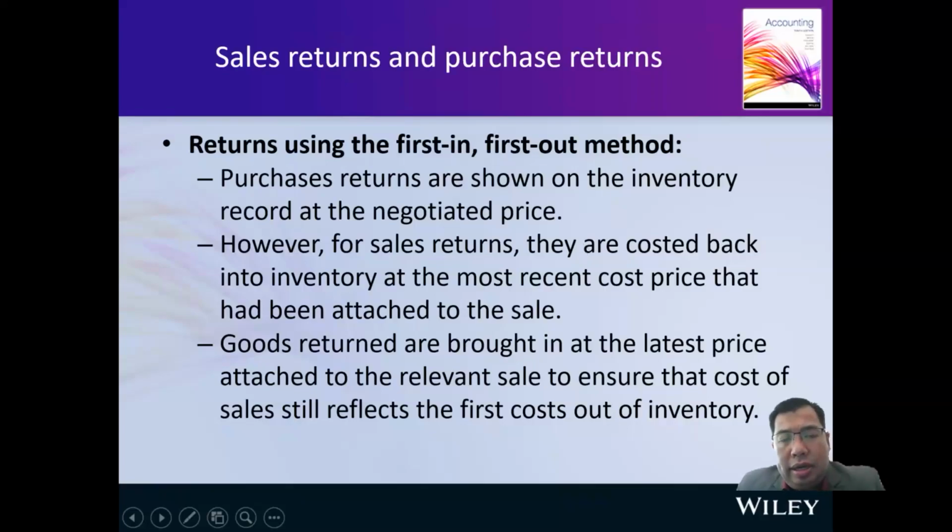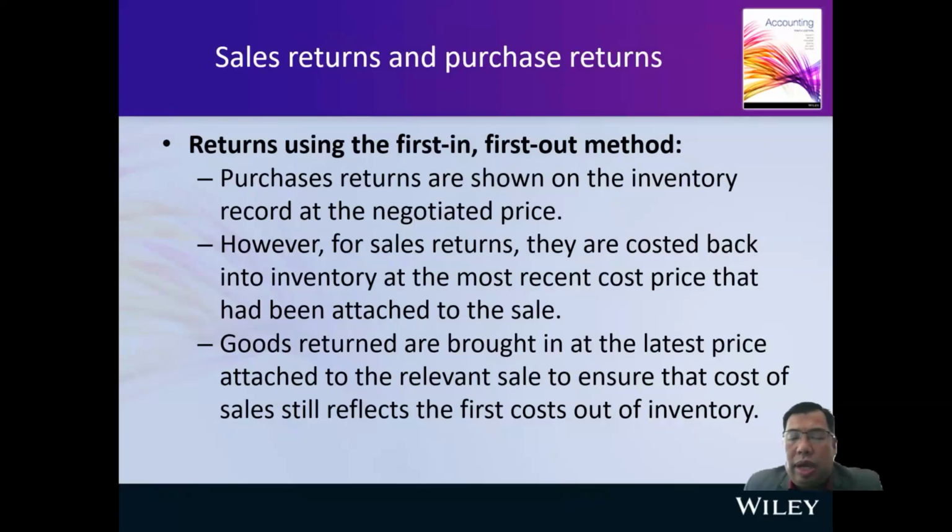How about returns? Sales return, return using first in first out method. Purchase returns are shown on the inventory record at the negotiated price. However, for sales returns, they are costed back into inventory at the most recent cost price that had been attached to the sale.